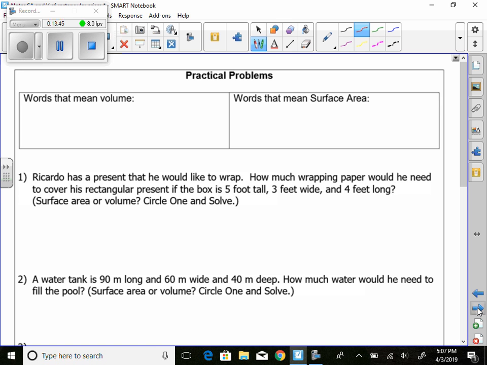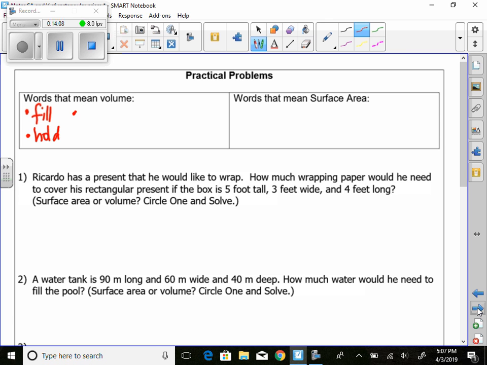So if you're working with word problems and you come across words such as how much does it take to fill the pool or fill the can, or how much it can hold, or how much space it takes.